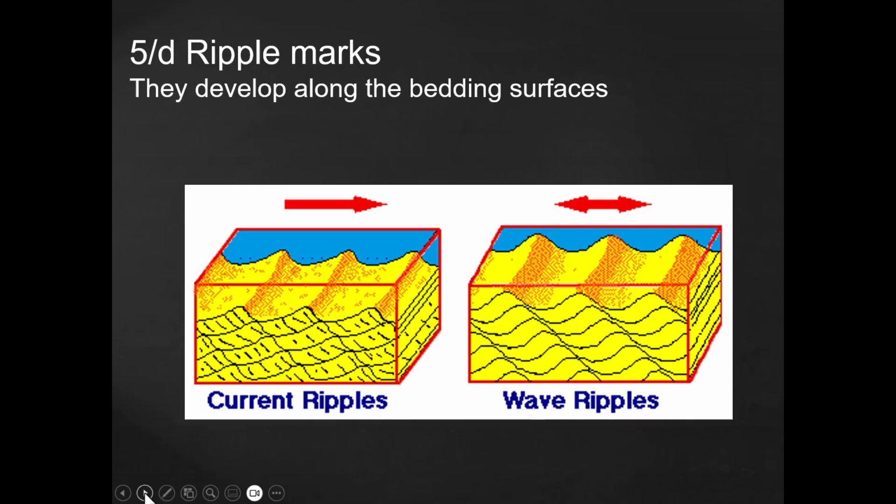The next one is the ripple marks. If you look at the side view, which is this, then you will see the cross-bedding. And if you look at the bedding surface, then you see the ripple marks. In this case, this is the crest of the ripple mark, another crest, and as you can see, it has two sides. One side is longer.